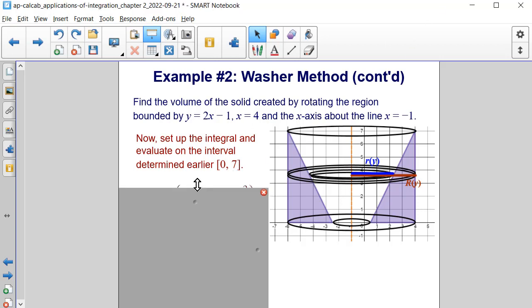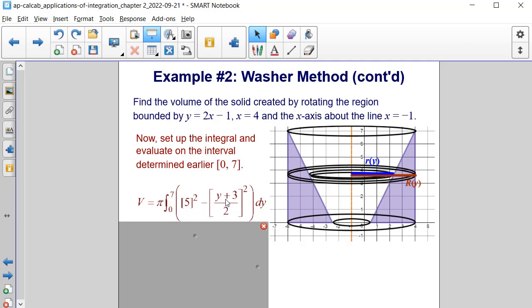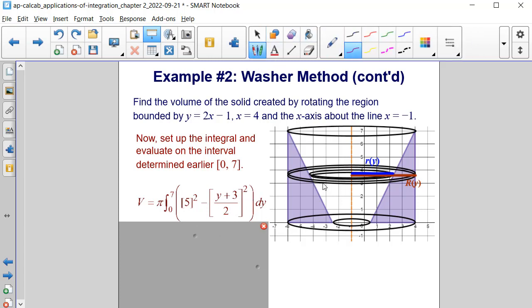So remember, we have the volume is equal to pi times the integral from 0 to 7, and our outer radius was 5 squared minus y plus 3 divided by 2 squared. So then if we were to square these, it'll end up becoming that V is equal to pi times the integral from 0 to 7 of 25 minus y squared plus 6y plus 9 all over 4.